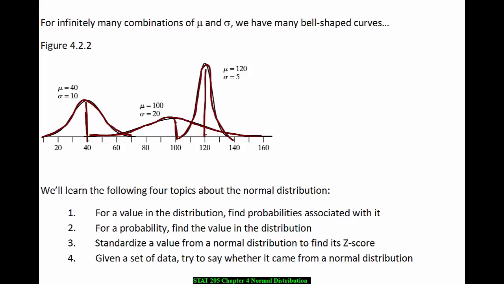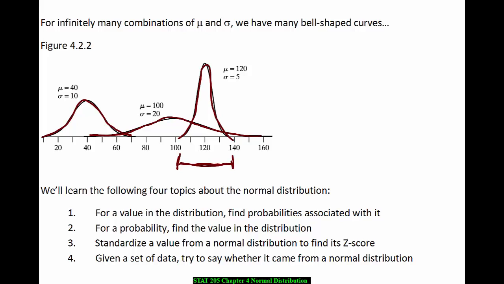Okay? So the standard deviation does something different. The standard deviation tells you how much spread there is in the values of the distribution. Notice that the standard deviation of the right-hand curve is 5. The next biggest standard deviation is the left-hand curve at 10, and the largest standard deviation is the middle curve at 20. So you can see that the curve with standard deviation 5 over here on the right is not very spread out if you look at what values that normal random variable would typically take.